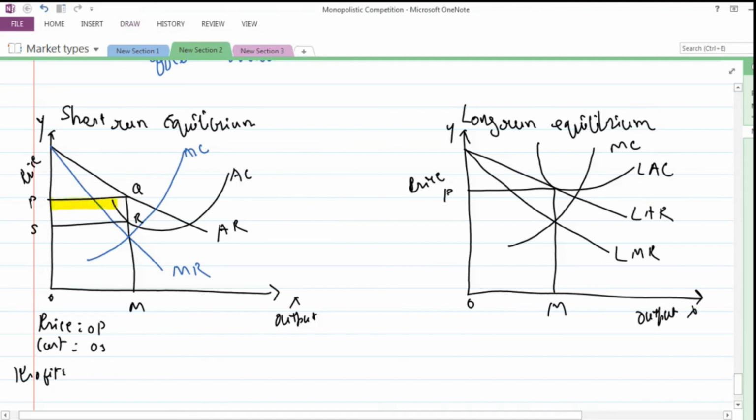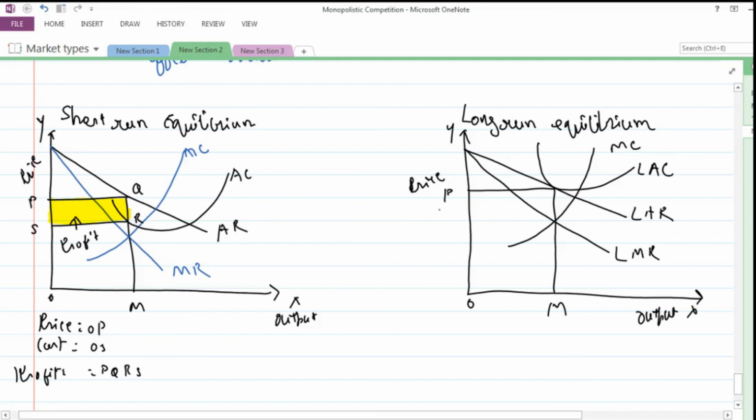This shaded region is the profit. If we want to write the profit, PQRS is the profit. Hence there is supernormal profit, but in the long run the excess profit is done away with.